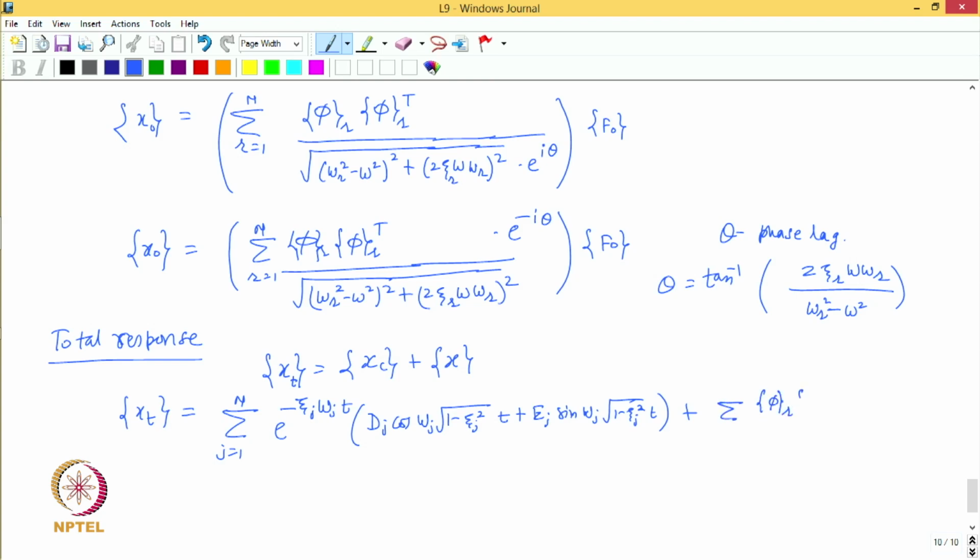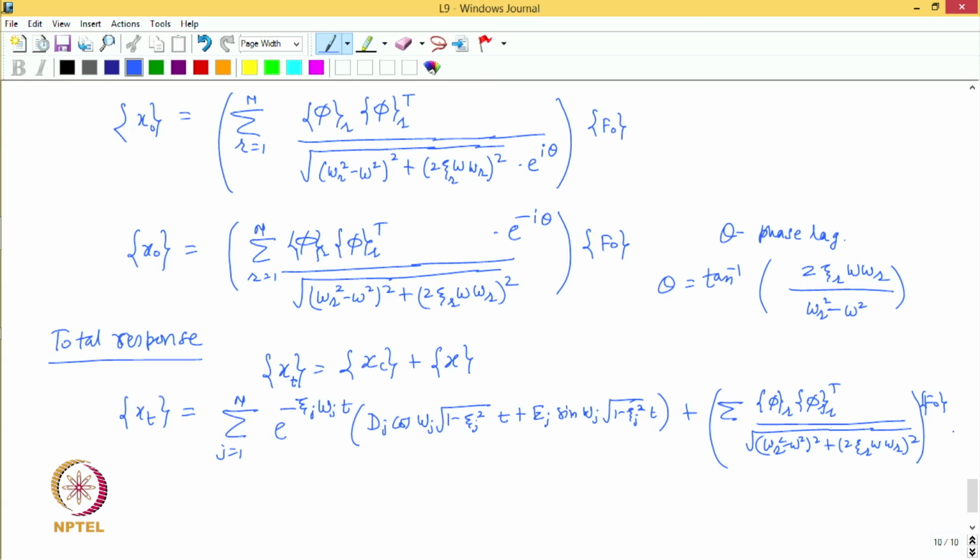phi r transpose divided by omega r square minus omega square plus 2 zeta r omega r, multiplied by f naught vector, and then we have the real part of that.